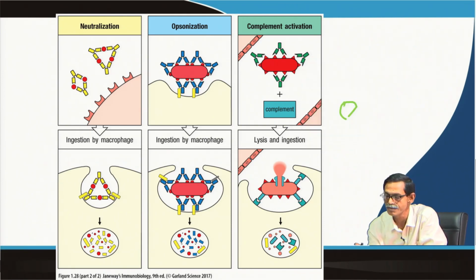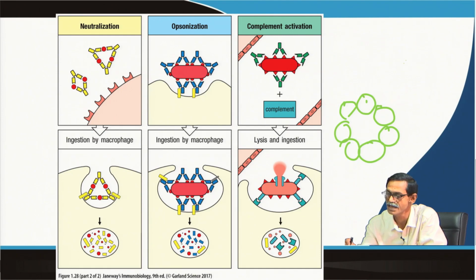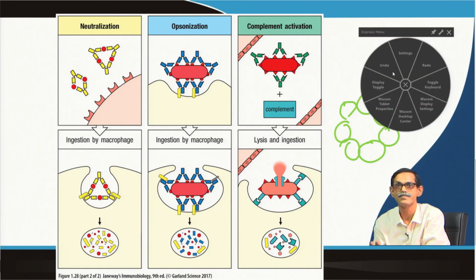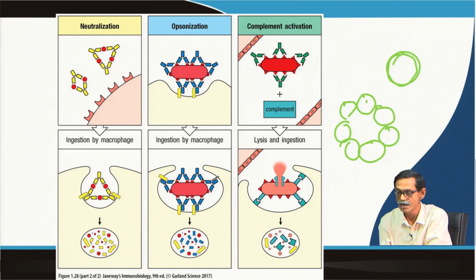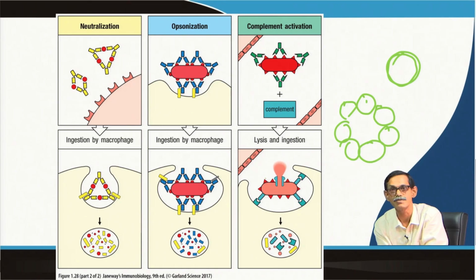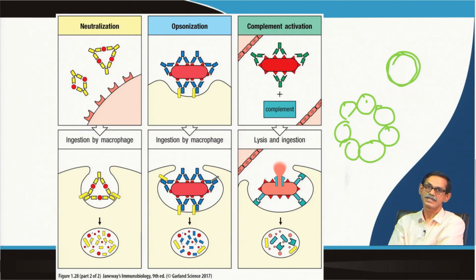They will make one protein, then 2, then 3, 4, 5, 6, 7, something like that. So, they will make a channel or hole in it. What is the effect of that hole? All the cytoplasmic material of the cell will come out. So, the bacteria will lyse.